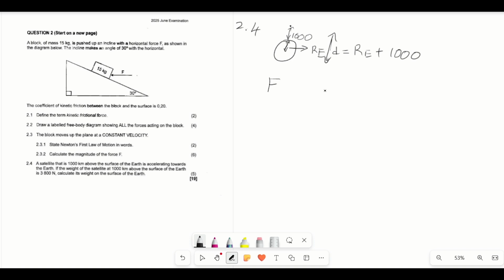So they gave us the force as 3,800 newtons. So we have distance above the Earth and force.